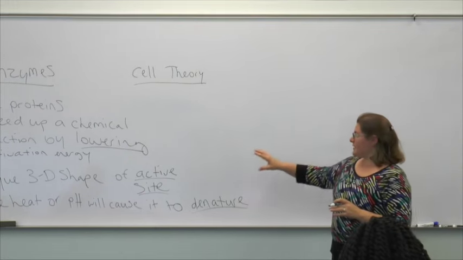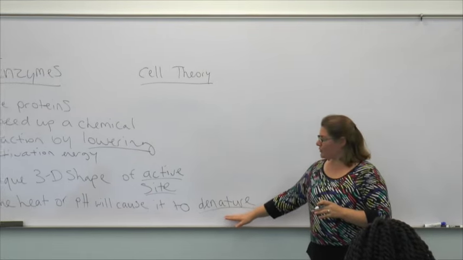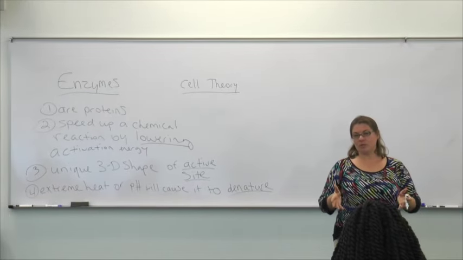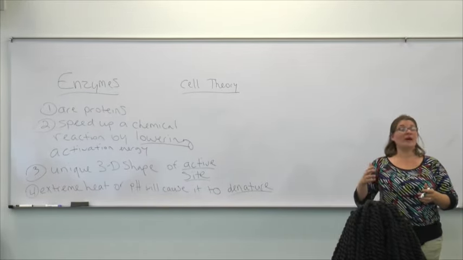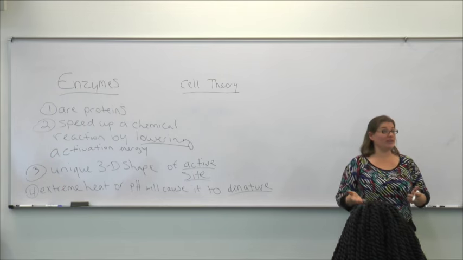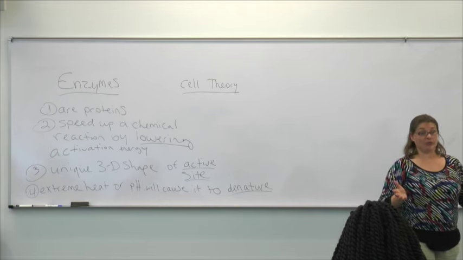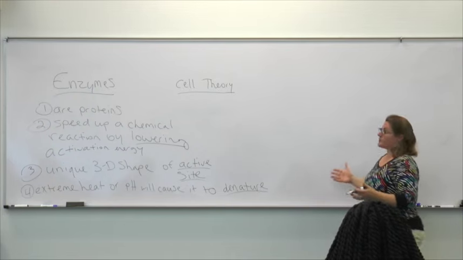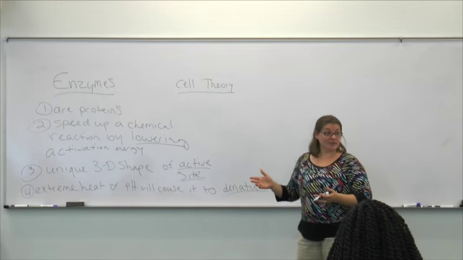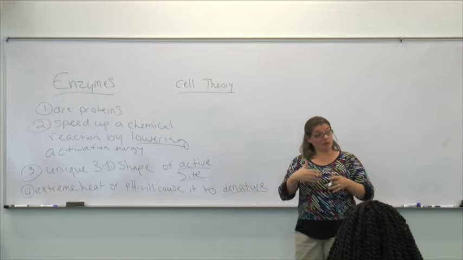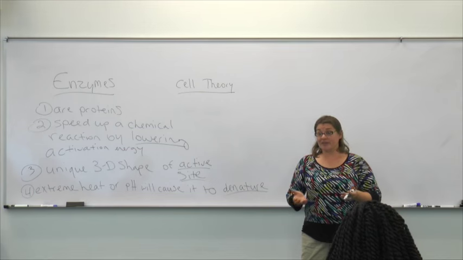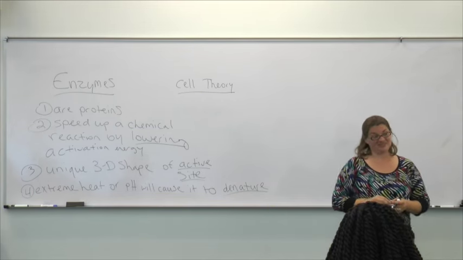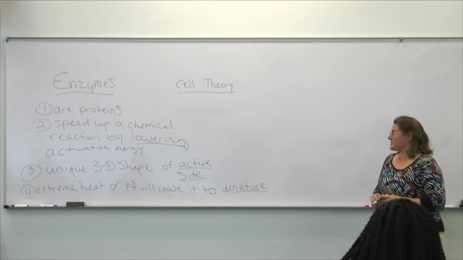And if an enzyme is exposed to extreme heat or extreme pH, because most enzymes function best at neutral, then it will unravel and lose its shape. It will denature, and it's not going to function. Okay? So that's a lot of different things about enzymes, right? So you can always give me some of that if you saw an extra credit question like that on the test, or at least identify some of those factors about enzymes in the multiple choice question. Okay? All right, so that's enzymes.